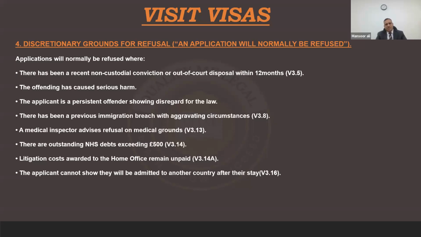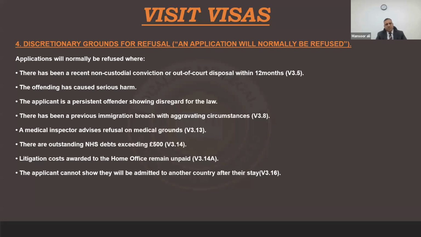And this litigation cost remained unpaid and he applied for a visit visa again, so the Home Office has a discretion to refuse this application. As I told you, normally they refuse it. It's a discretion of the Home Office. But if you satisfy the Home Office why this breach occurred, then there is a high chance that the Home Office will not refuse.